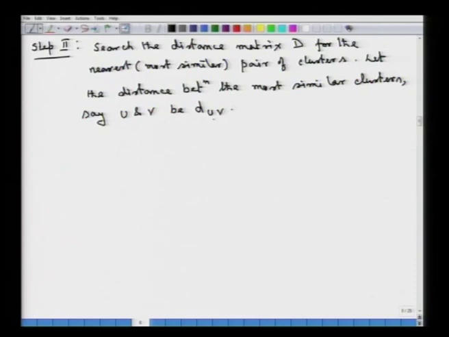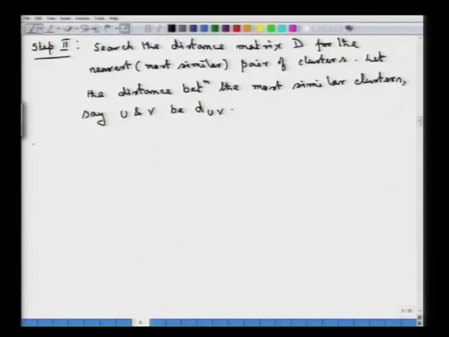So, this duv is the distance which is the smallest, and hence we will merge the clusters u and v together to form a new cluster. And since we have merged u and v, from n clusters, we will have n minus 1 clusters now, right. So, suppose that is this.